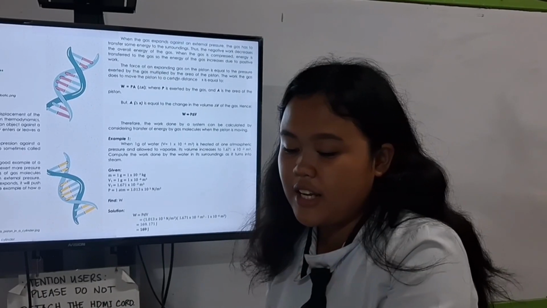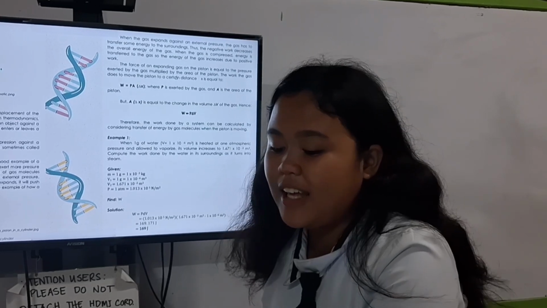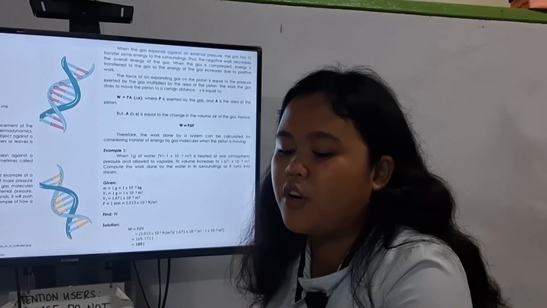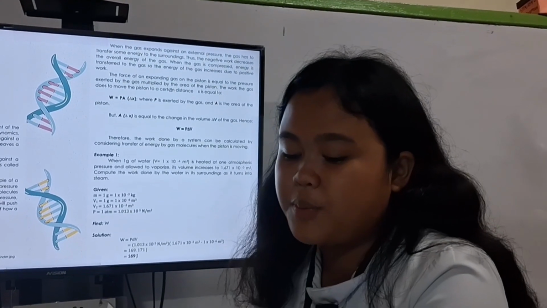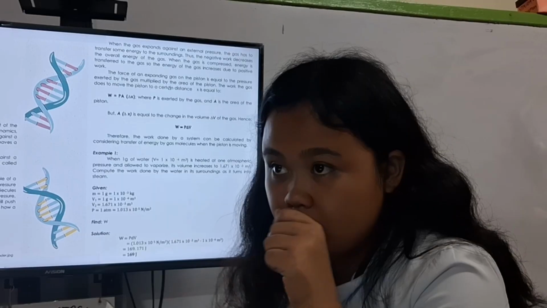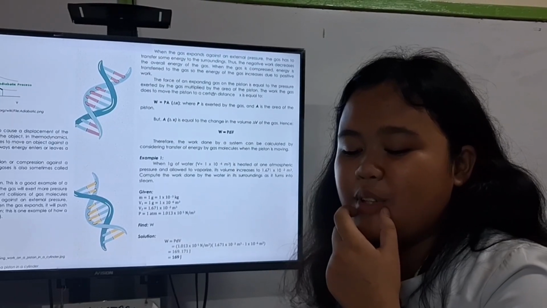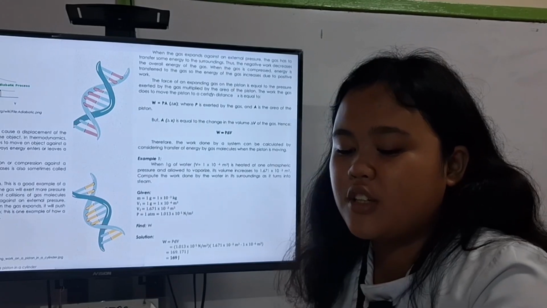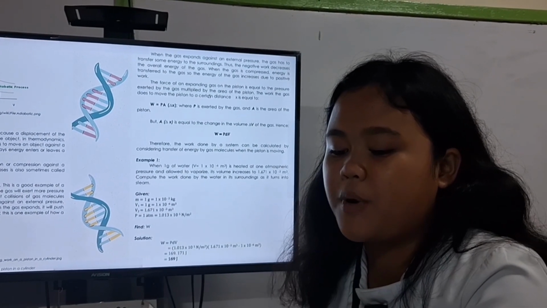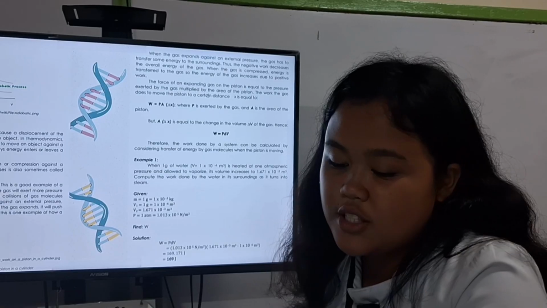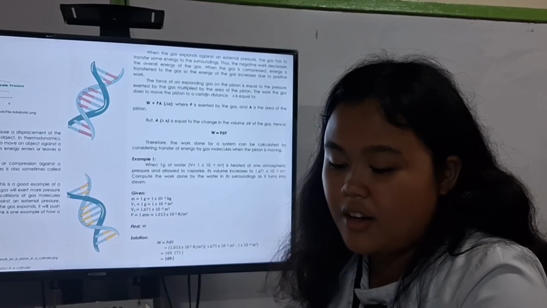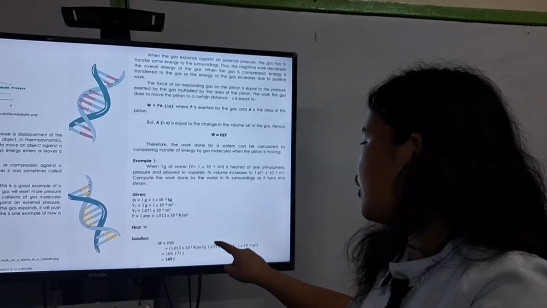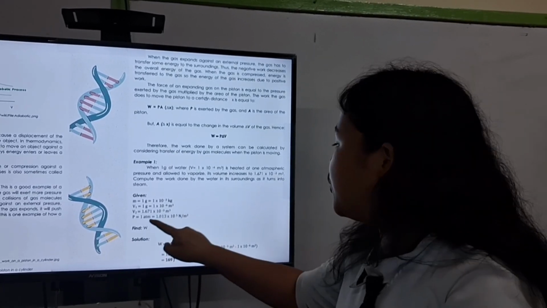The pressure here is 1 atm, which is equivalent to 1.013 times 10 raised to the power of 5 newtons per square meter. And then this is the difference between volume 2 and volume 1.